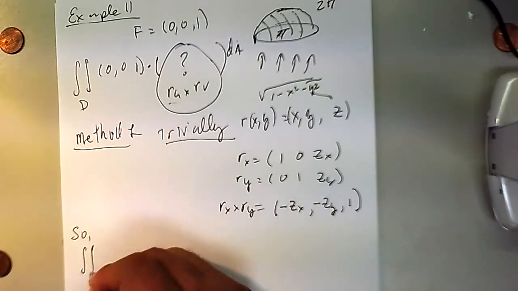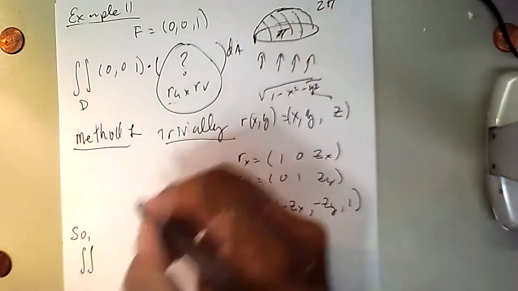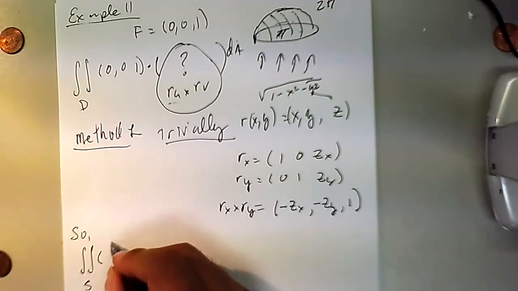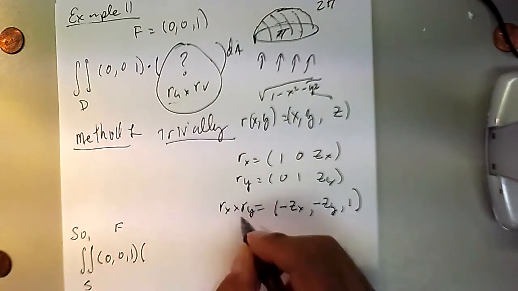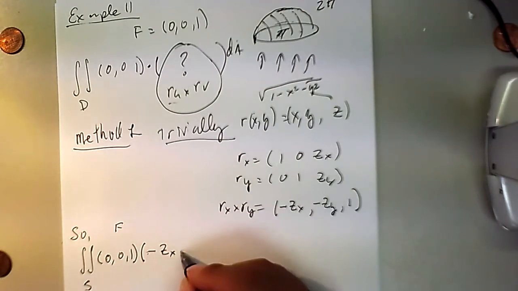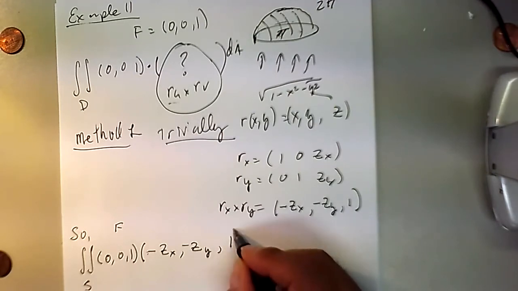So the double integral over the surface. What is the surface? We're just going to call it S. The vector field is going to be 0, 0, 1. R sub x cross R sub y will be negative z sub x, comma, negative z sub y, comma, 1.